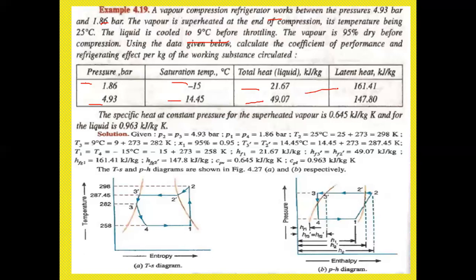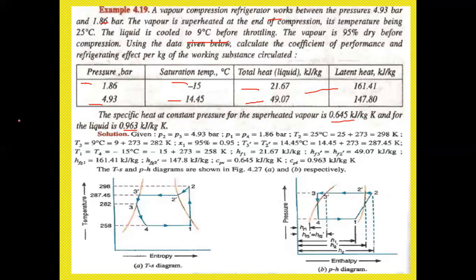Now the latent heat is 161.41 and 147.80. Now the specific heat at constant pressure for the superheated vapor is 0.645, and for the liquid is 0.963.